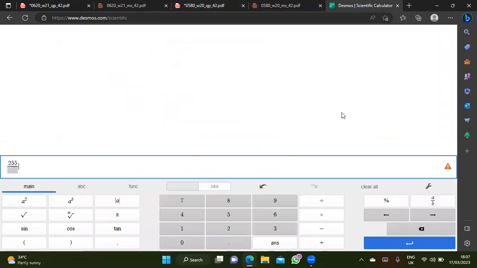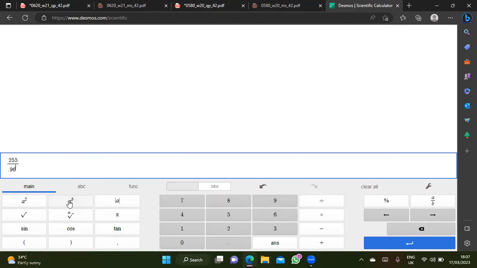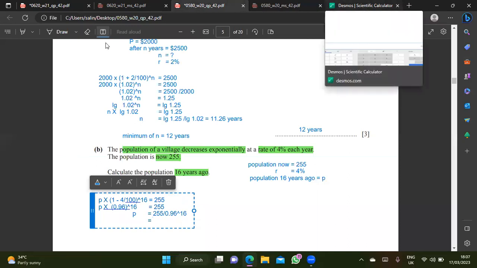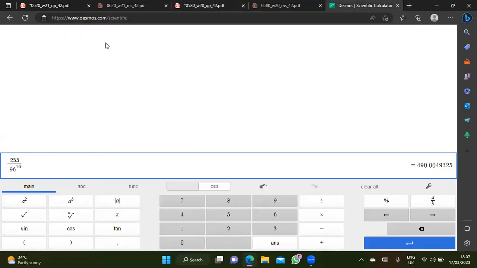Just key it in. You see the mistake here, just one second. 0.96, use the power key, to the power of 16. Okay, let's check it. 16, correct. All right. There you go.